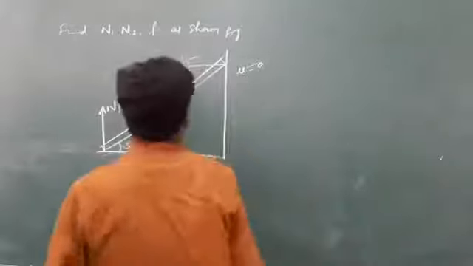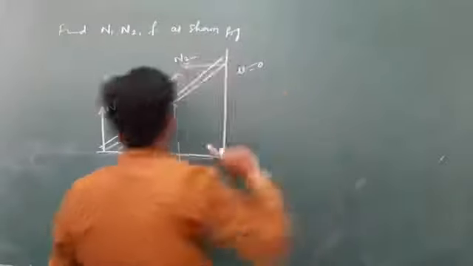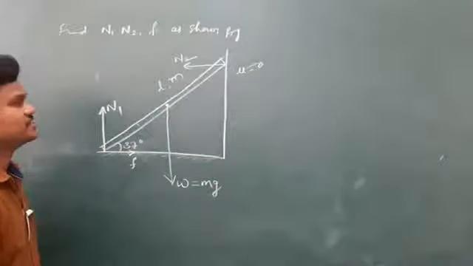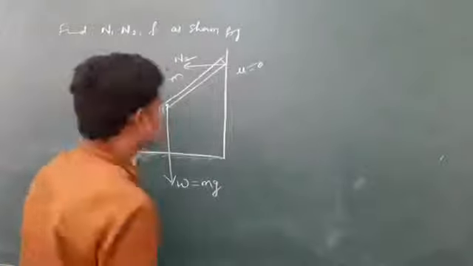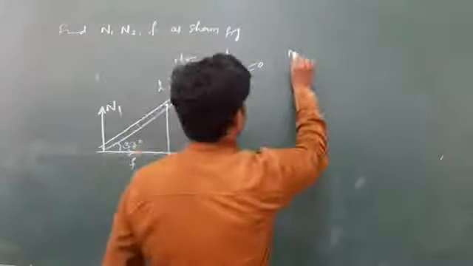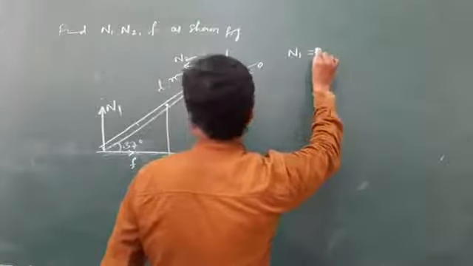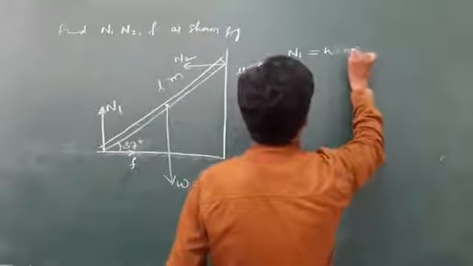For the ladder to be in translational equilibrium, you just balance forces. Upward force is equal to downward force, and left side force is equal to right side force. So the upward force N1 is equal to W, nothing but mg.